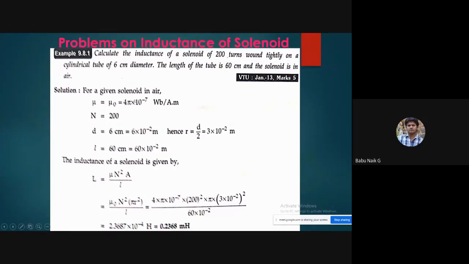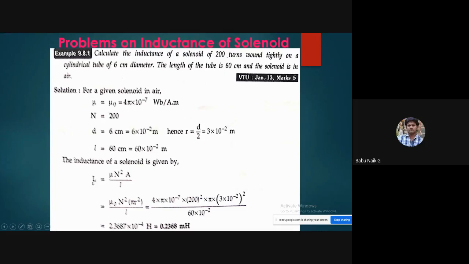So for this problem, you need to calculate the inductance of the solenoid having 200 turns, on a cylindrical tube of 6 centimeter diameter, and the complete length of the cylinder is 60 centimeter.